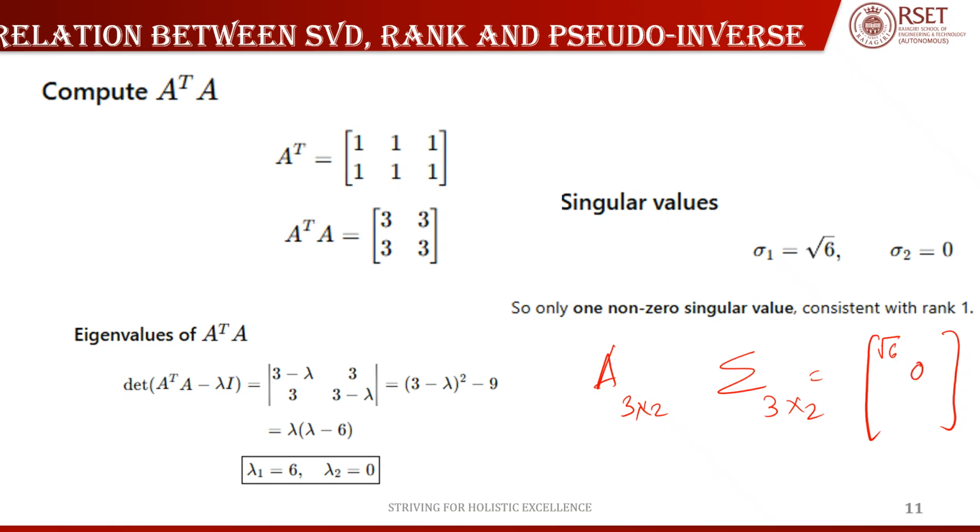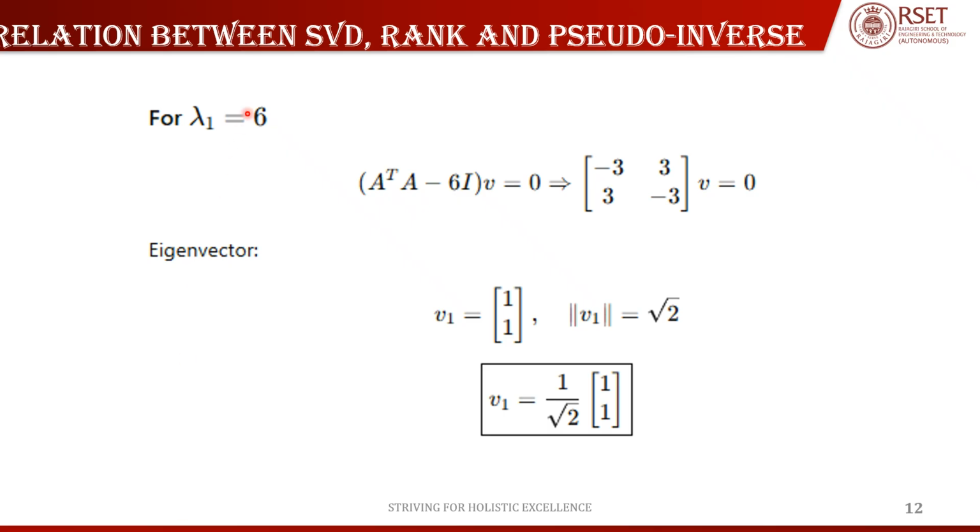Sorry, you will have only one, since you have only one non-zero singular value, right? Just write root 6 here, and then we need a 3 by 2 matrix, so make it 3 by 2. This is your sigma, and to get sigma plus, we'll just reverse it, right? And we will make it 2 by 3. So that will be of this form.